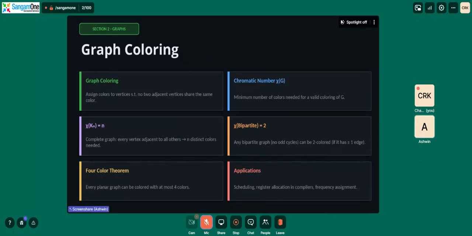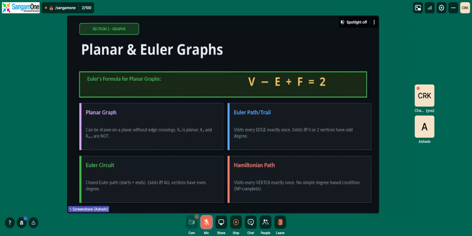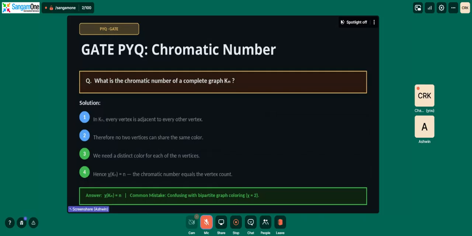The graph coloring you can see here. The four color theorem: every planar graph can be colored with at most four colors. The applications are scheduling, register allocation in compilers, and frequency assignment. The planar graph and Euler graph, and then here the GATE PYQs.